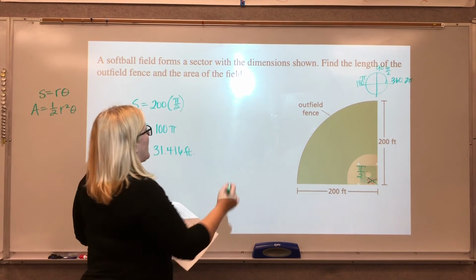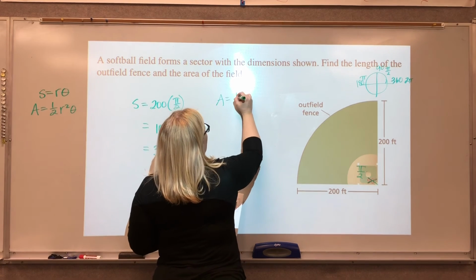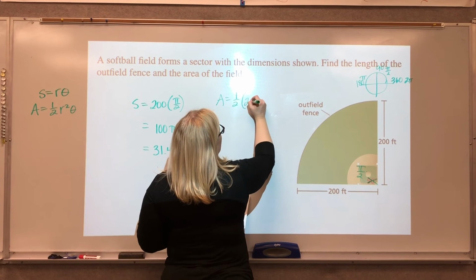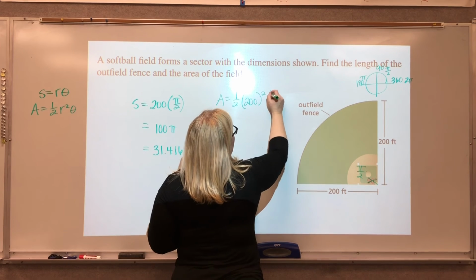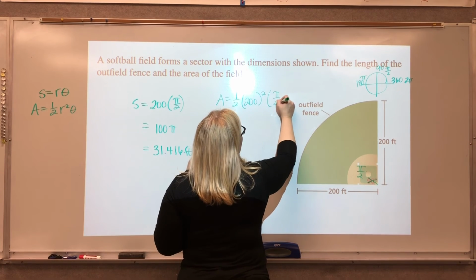Now for my area, I use the other formula, 1/2 times my radius squared times pi over 2.